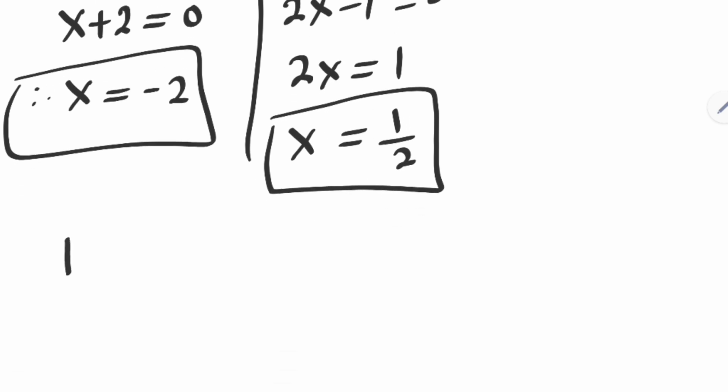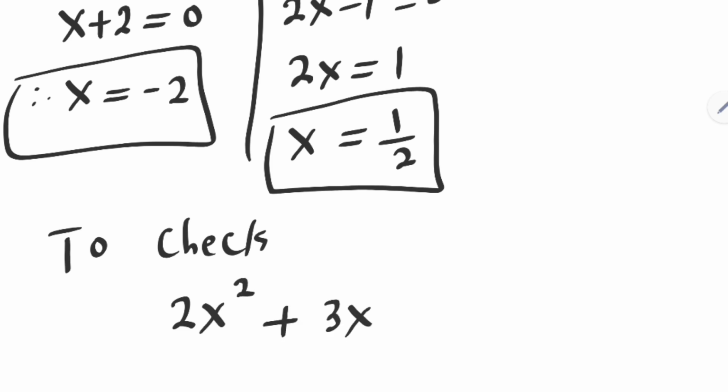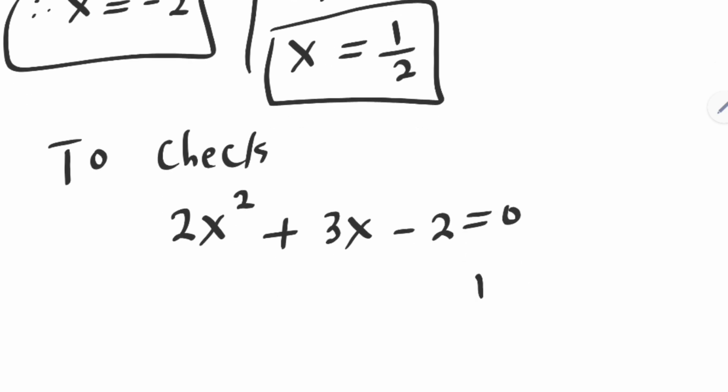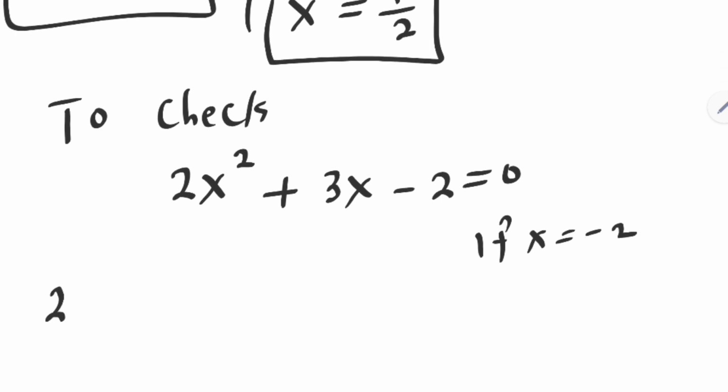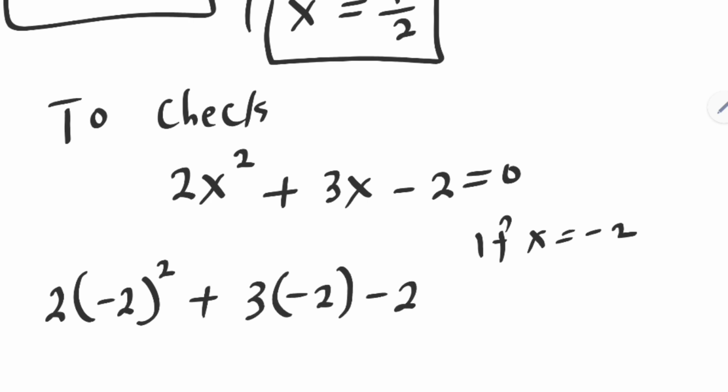Let's check. To check, we have the given equation 2x squared plus 3x minus 2 is equal to 0. If x is equal to minus 2, this is 2 bracket minus 2 squared plus 3 bracket minus 2 minus 2 must be equal to 0.